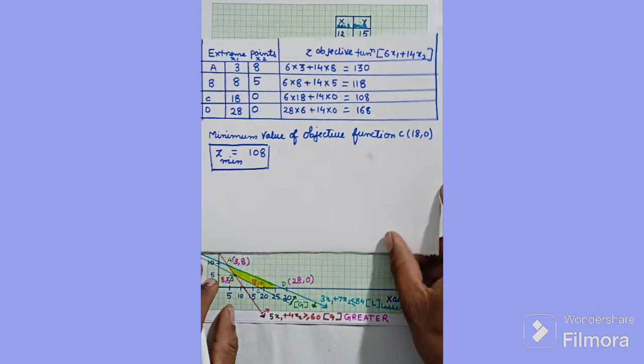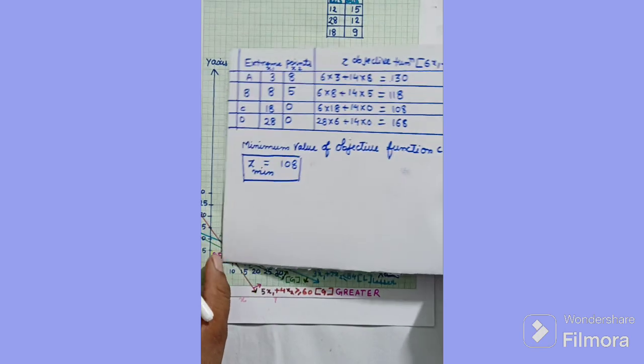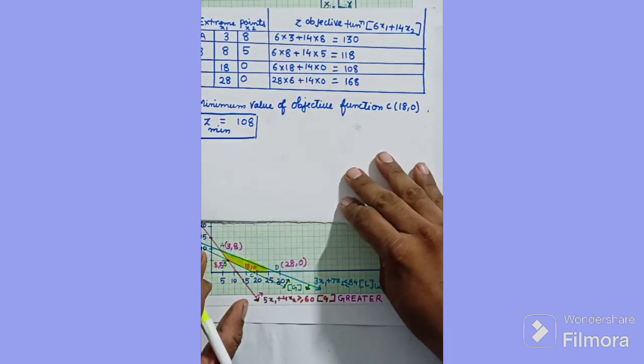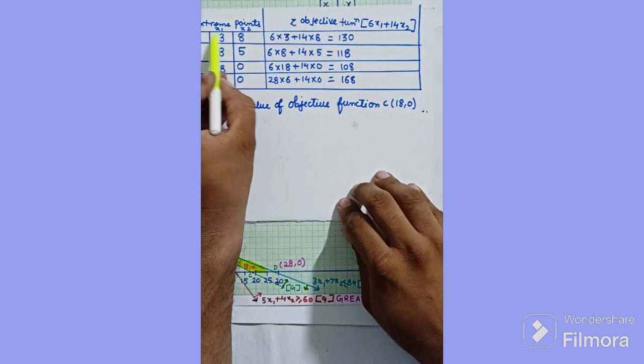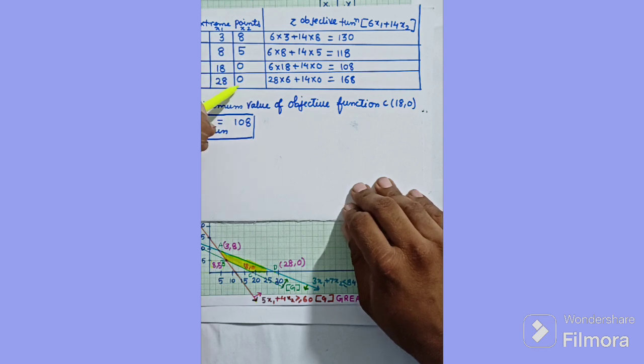Now here you can see the extreme points I have already copied down: A, B, C, D: 3 comma 8, 8 5, 18 0, 28 0.